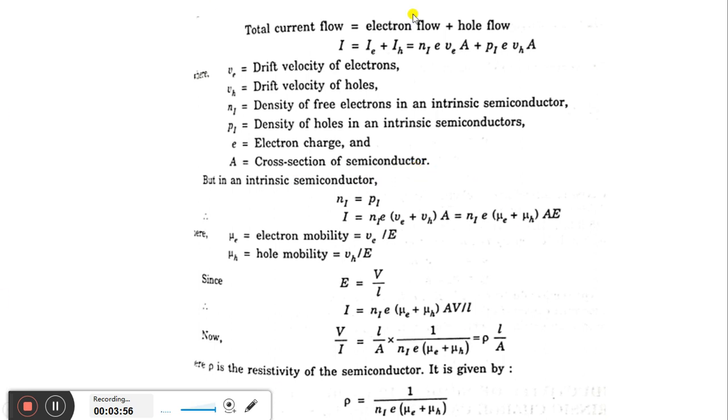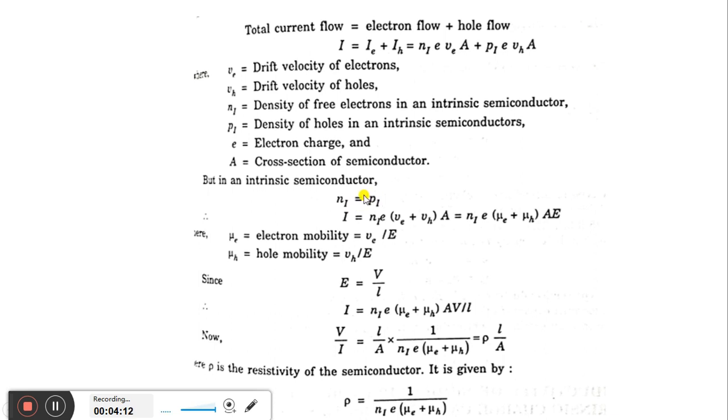But we know that in case of intrinsic semiconductor the charge densities of electrons and holes are equal. So we can write here Ni equals Pi.